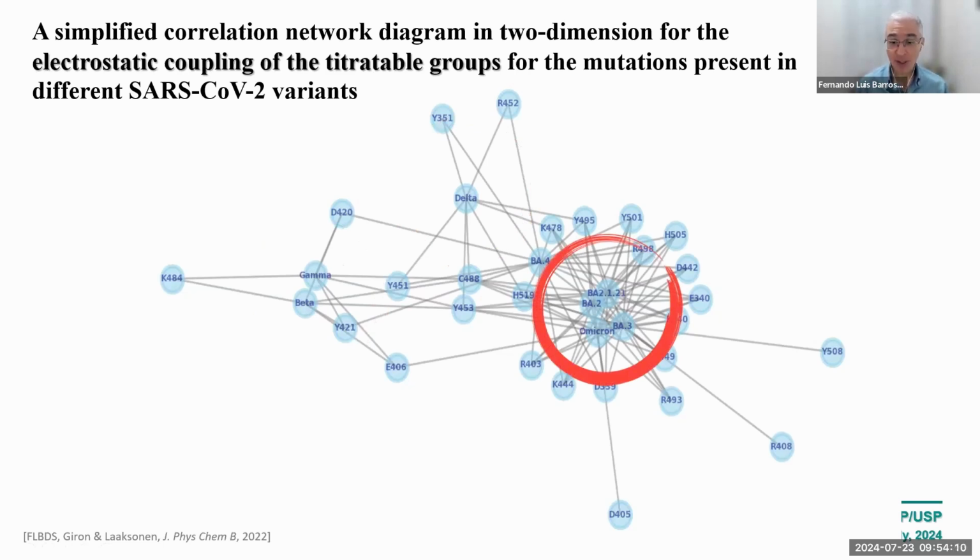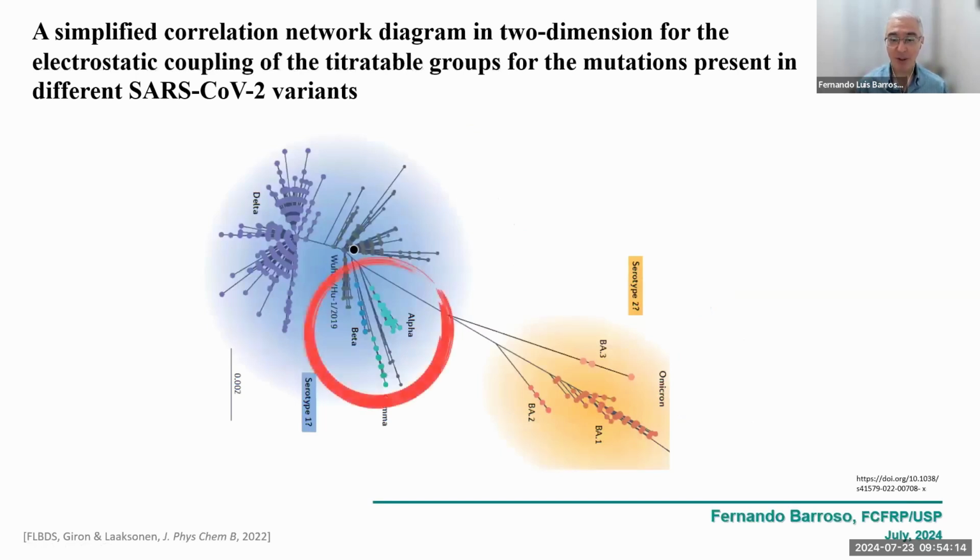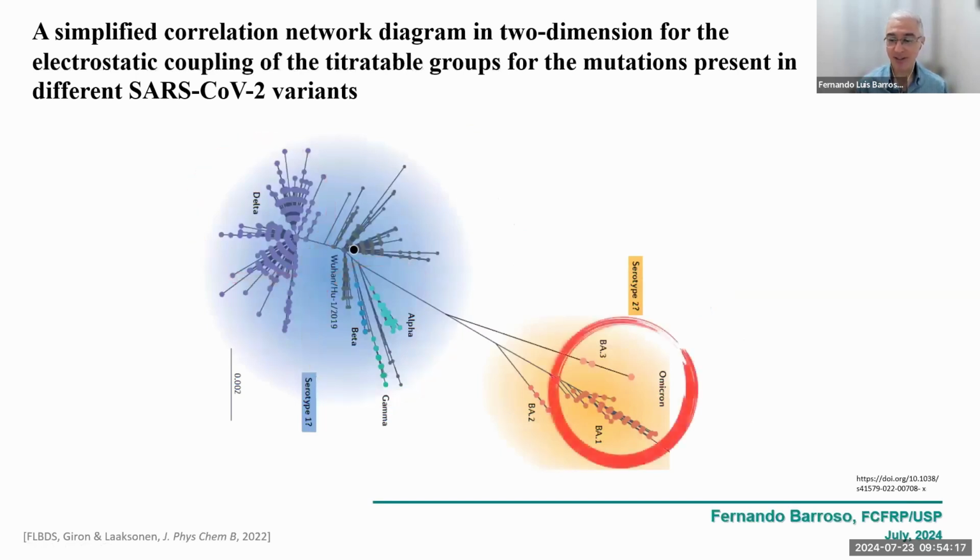And doing so, what we get here is exactly what you have in phylogenetic trees. So nature is exploring electrostatic features to make the receptor binding domain much more, to increase its affinity with ACE2.